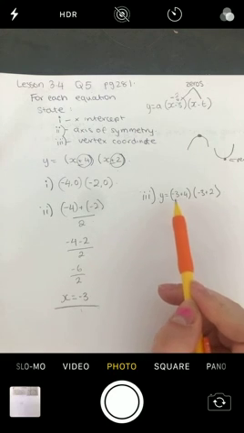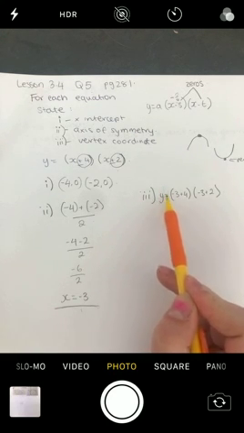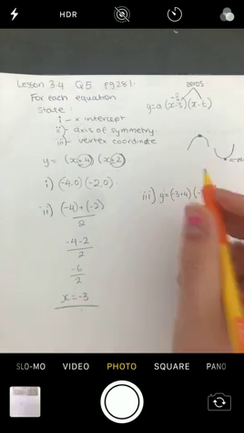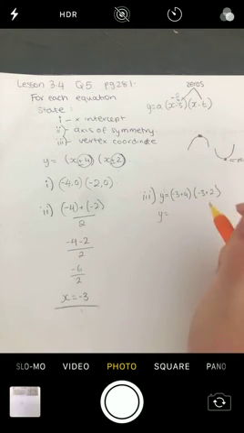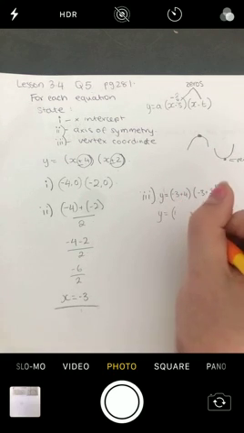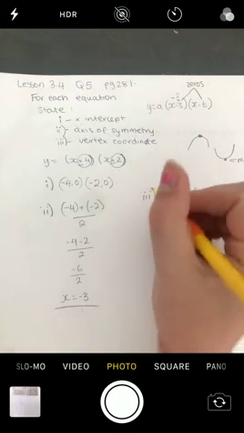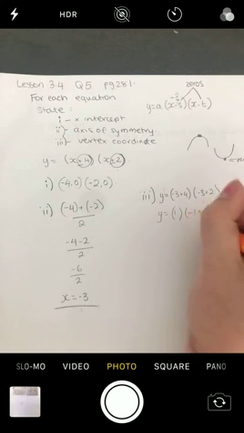And all that is then left for us to solve for is y, and that would be the y value of our vertex. So y equals negative 3 plus 4, which is 1, and negative 3 plus 2 is negative 1.